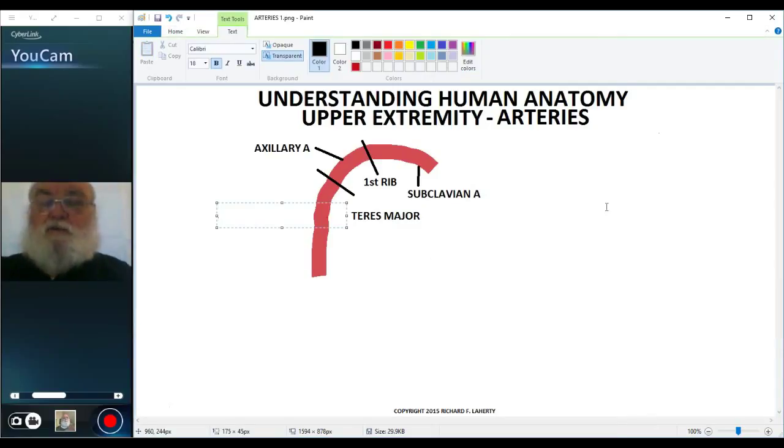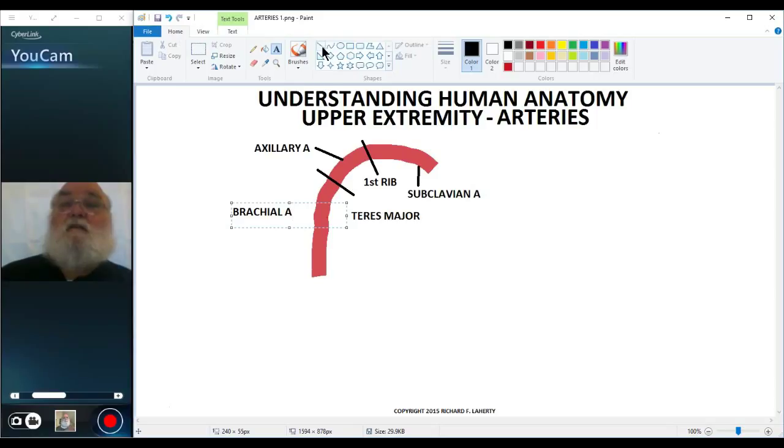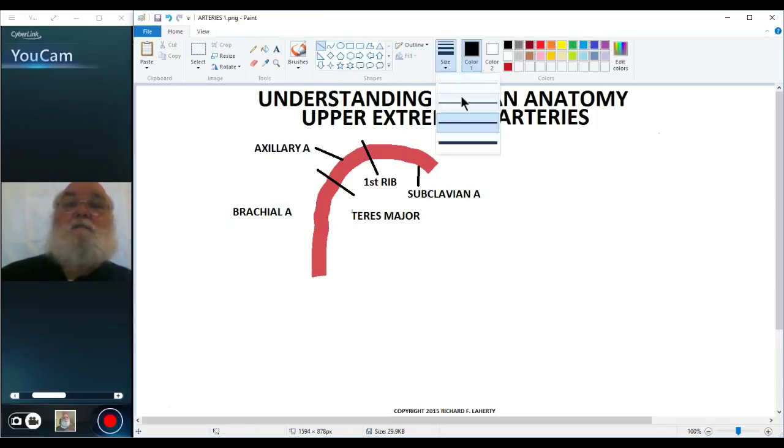Then the artery becomes the brachial artery. And I will put a line in here for that.